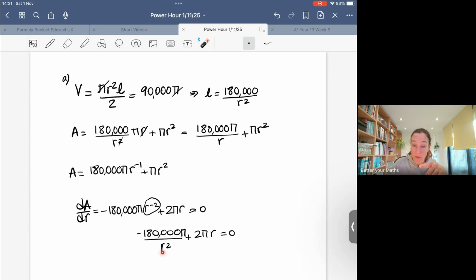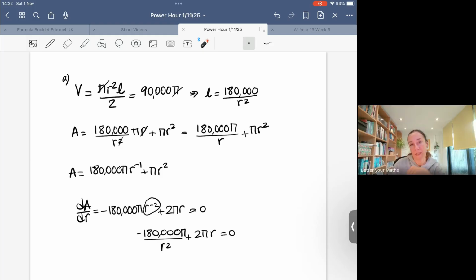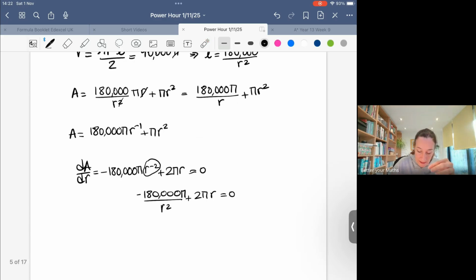What am I going to do with this r squared? You can multiply through. Exactly. I'm going to eliminate the denominator by multiplying by it. So if I multiply everything by r squared, I have this plus 2 pi r cubed equal to 0. And now this is an equation that I know how to solve.